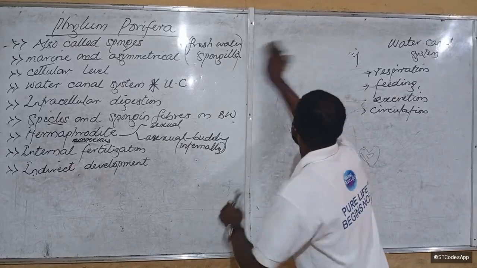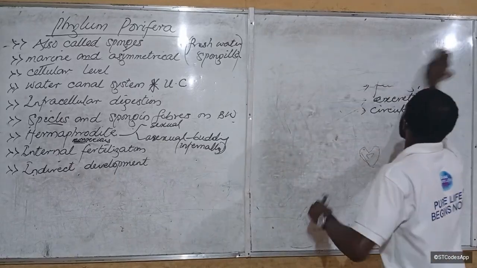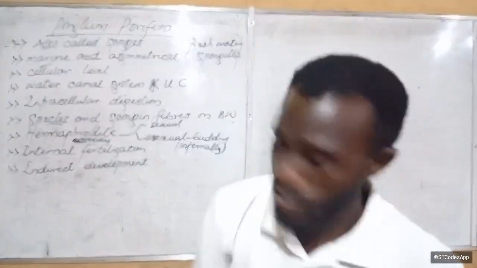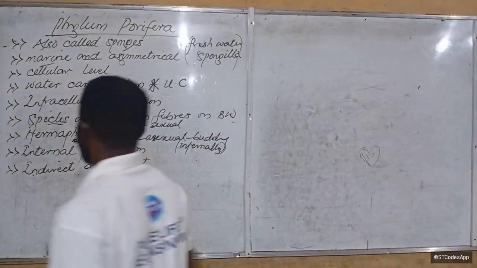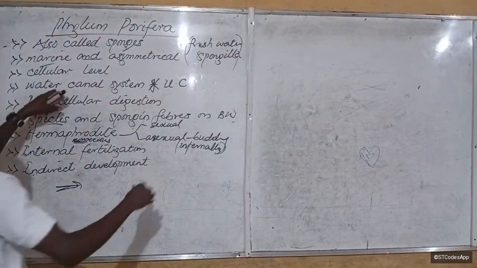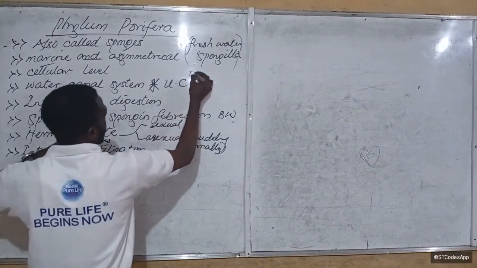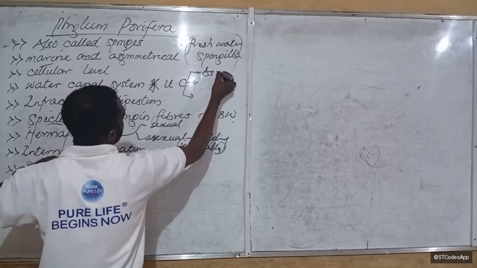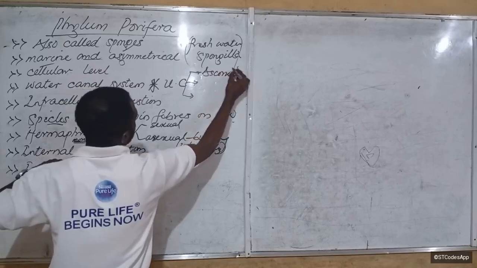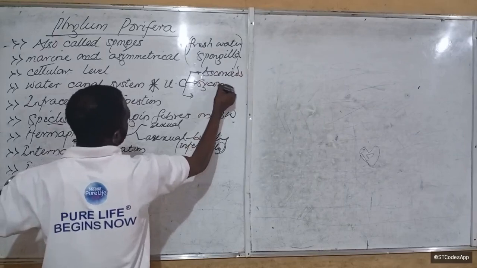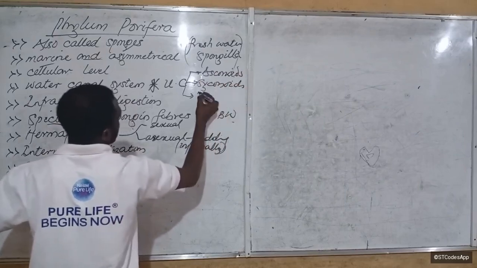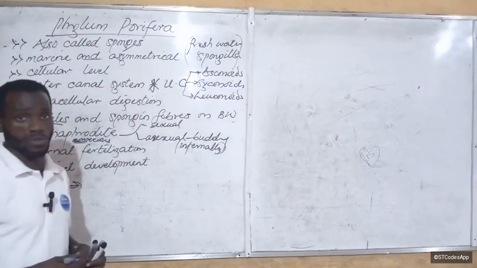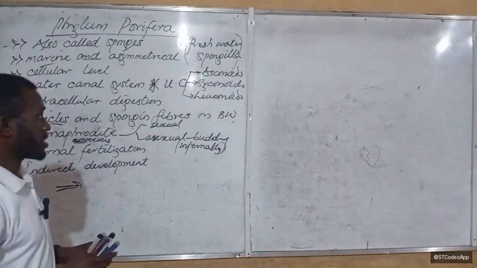Also, due to the water canal system, they take different forms, which are the asconoids, the synconoids, and the leuconoids. So these are the three forms of sponges.